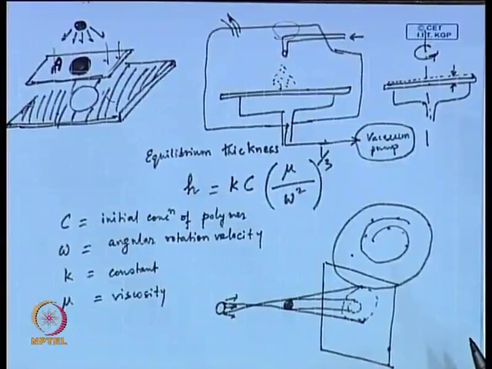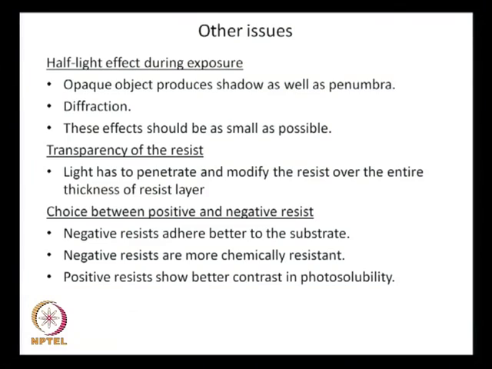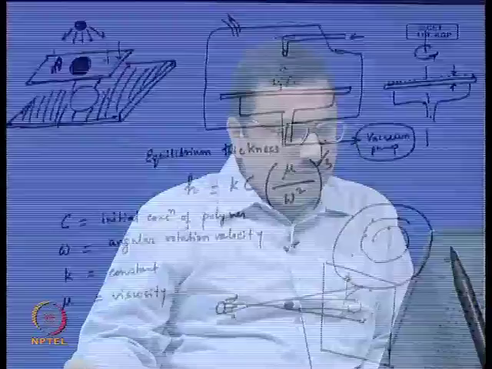You can refer to penumbra and how an opaque object produces shadow in a very preliminary course on optics. Probably it would be covered in the initial lectures. So, this is what the half light effect is.